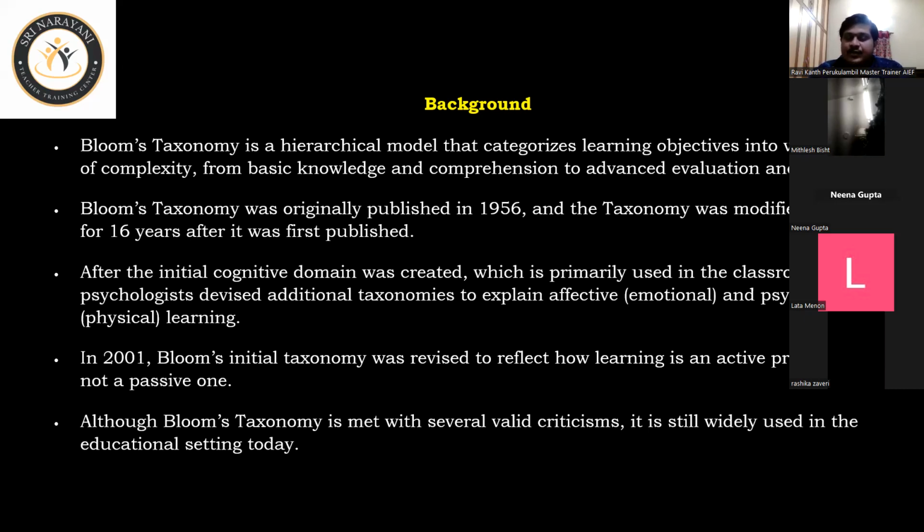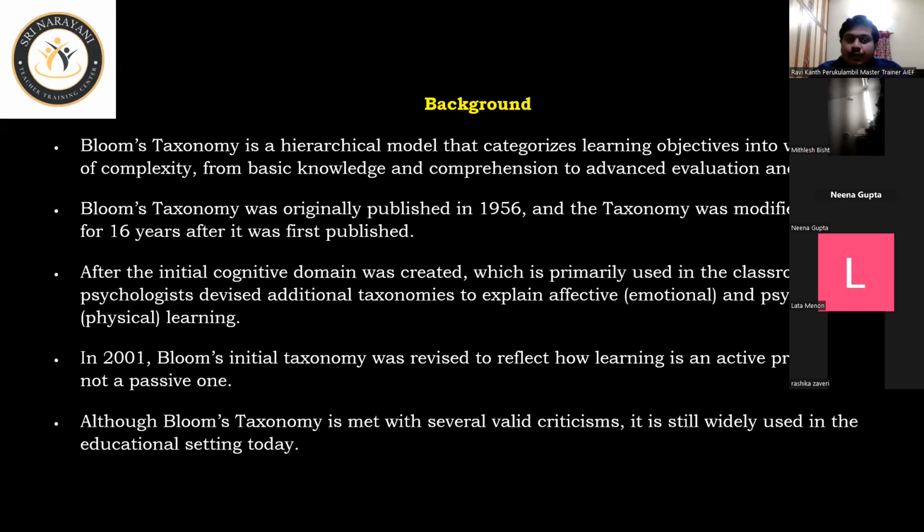Bloom's taxonomy was originally published in 1956 and the taxonomy was modified each year for 16 years after it was first published. After the initial cognitive domain was created, which is primarily used in the classroom setting, psychologists devised additional taxonomies to explain affective, which talks about the emotions of the child, and psychomotor domains as well, which is basically the physical learning parts of the child.